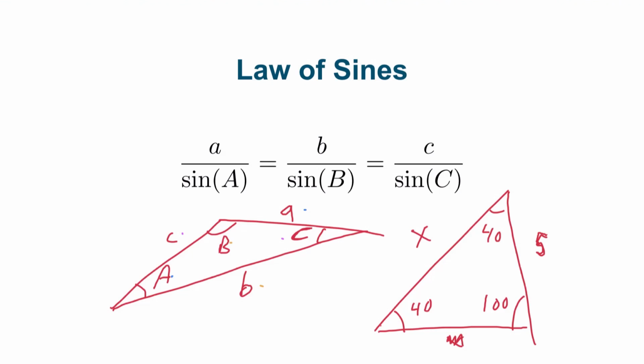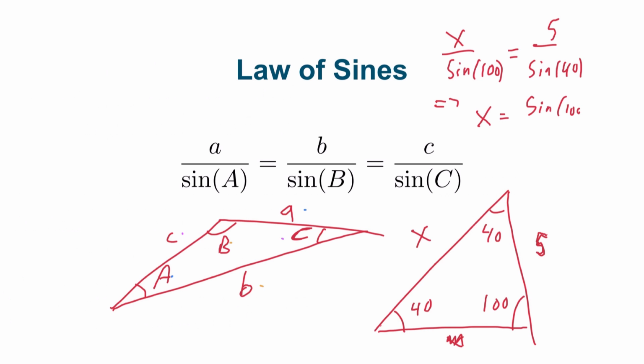I can use the law of sines to do this, because I know that x divided by sine of 100 is equal to 5 divided by sine of 40. So solving, x is equal to sine of 100 divided by sine of 40 times 5. So this is the power of the law of sines. Once I know all the angles, I can compute all of the side lengths just given one of them.